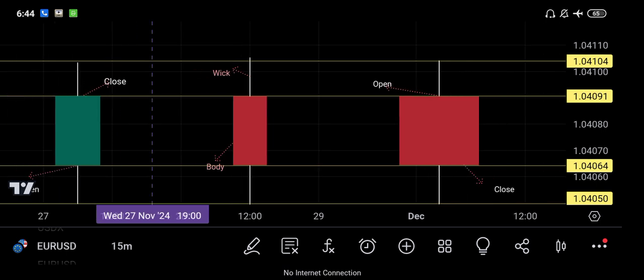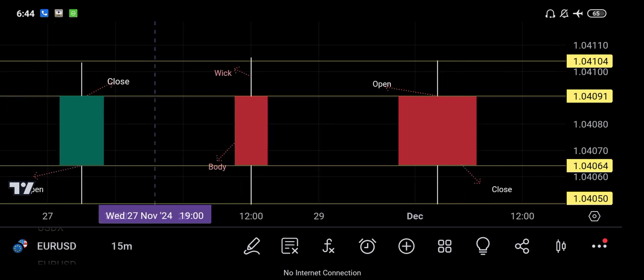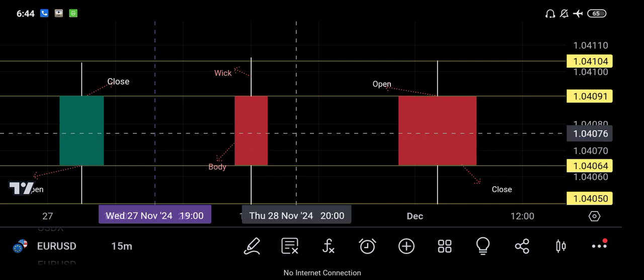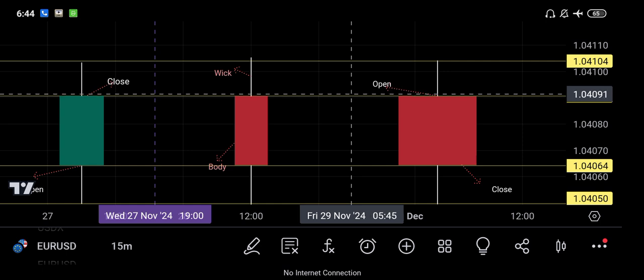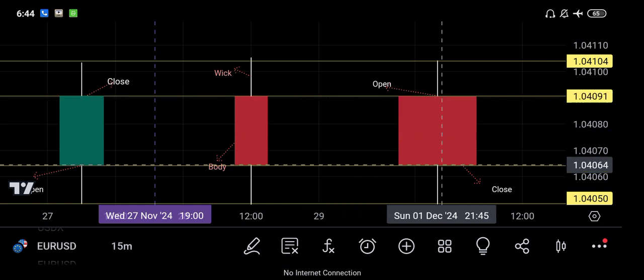But the difference between a bullish candle and a bearish candle is where the market opens from. That is what gives you the end of the market movement. So if the market is going to be bearish, it has to start from the top, and it has to close at the bottom.